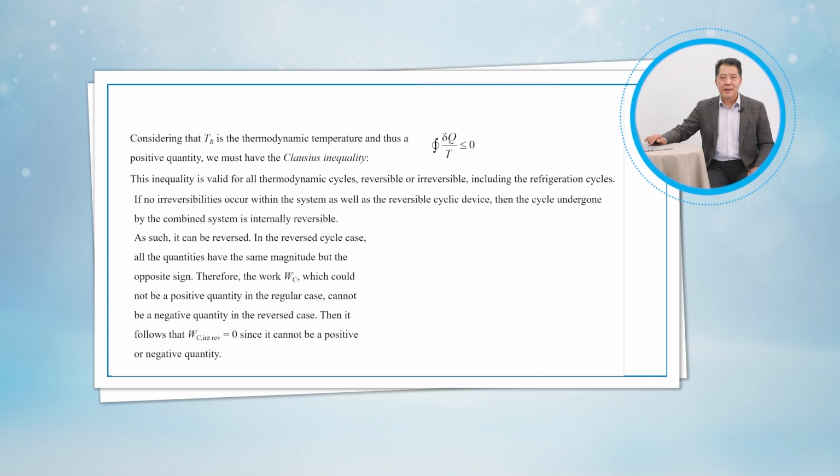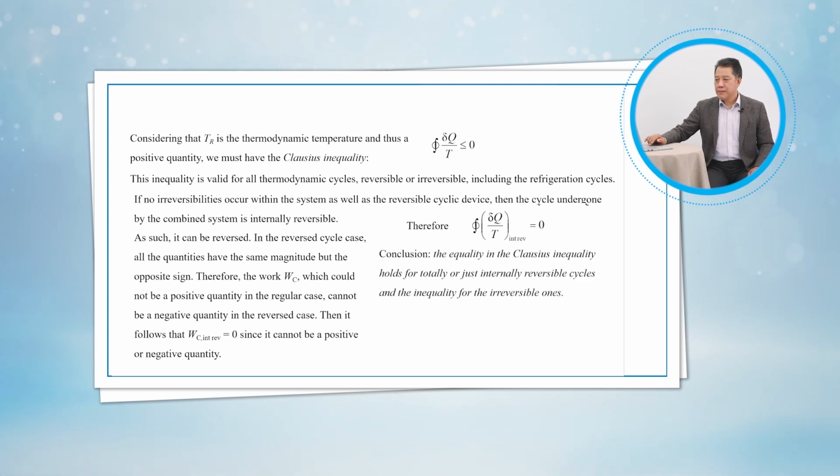Then it follows that the work is zero, since it cannot be a positive or negative quantity. Therefore, in conclusion, the equality in the Clausius inequality holds for totally or just internally reversible cycles, and the inequality for the irreversible ones.